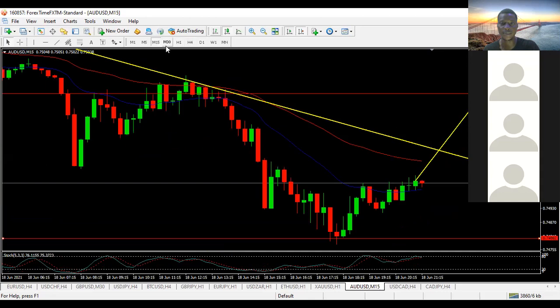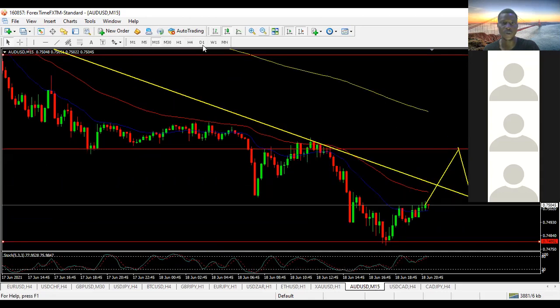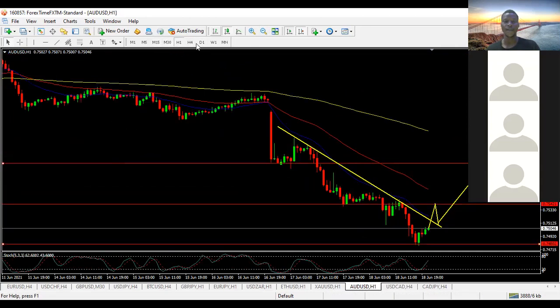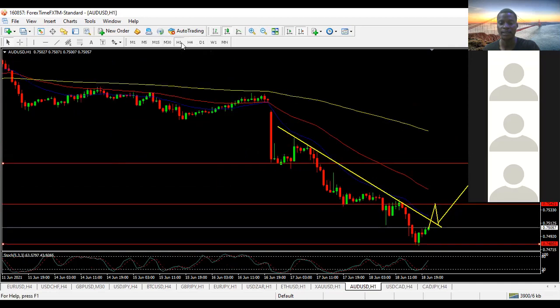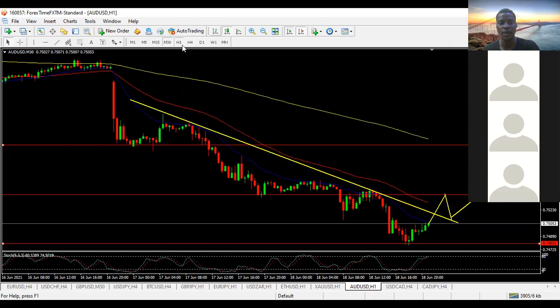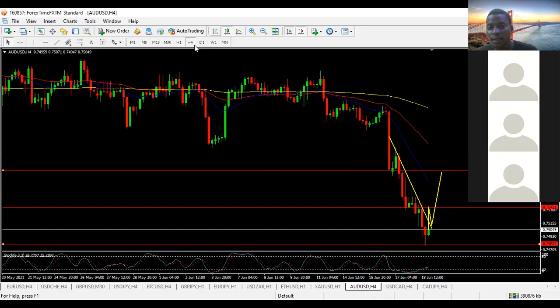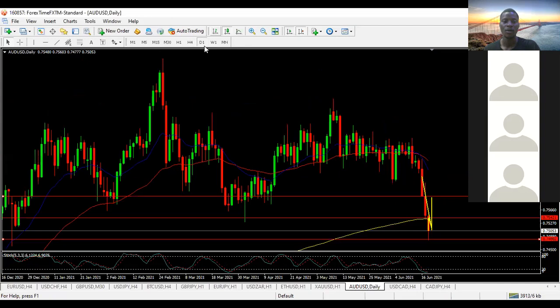Don't go below 30 minutes because that is a low time frame, and on a low time frame you can get several entries and several setups. But at least 30 minutes and 1 hour give a very clinical entry for the analysis you've done on the 4 hours and daily time frames.